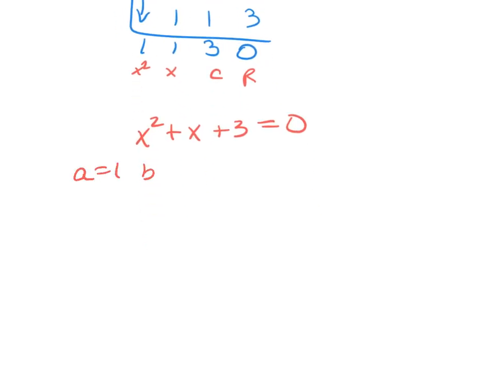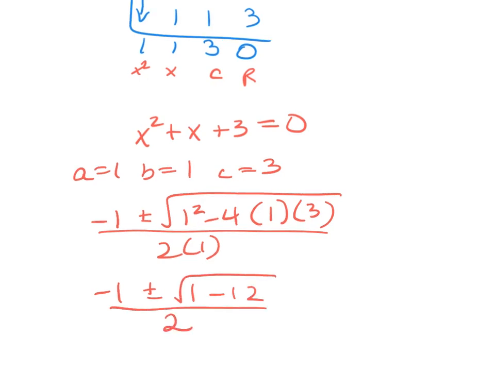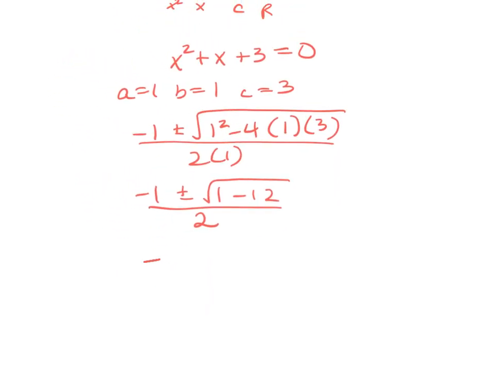Quadratic formula again, just to review. These are my a, b, and c terms. So -1 plus or minus the square root of 1 squared minus 4 times a times c, divided by 2 times a. -1 plus or minus the square root of 1 minus 12. -1 plus or minus the square root of -11. Notice I'm going to get imaginary here.